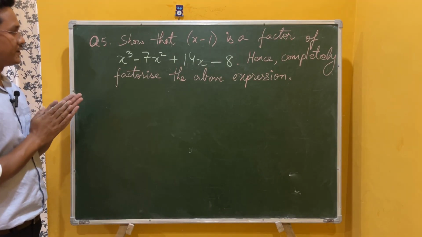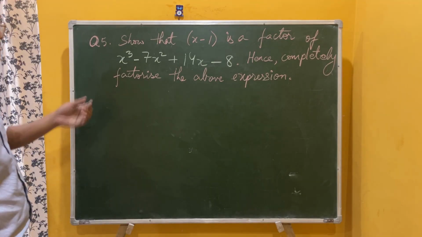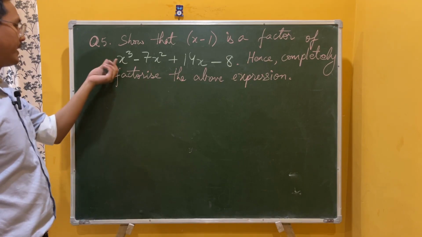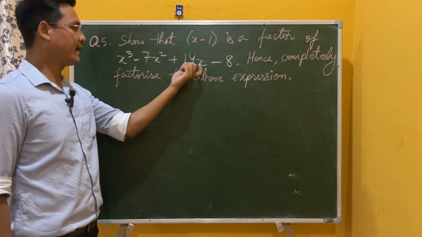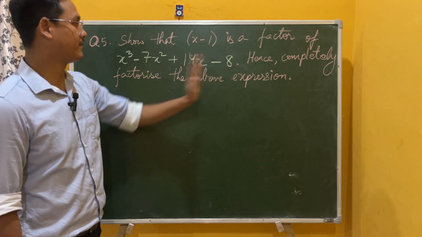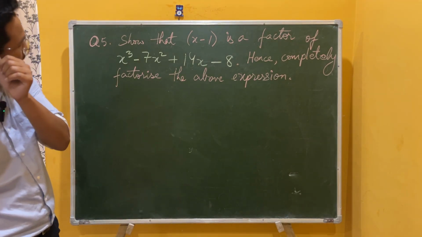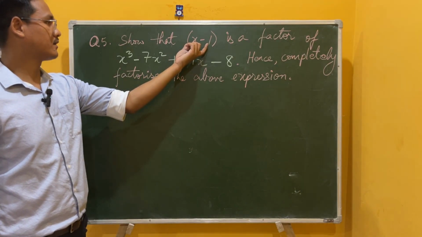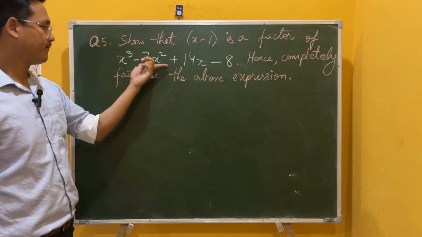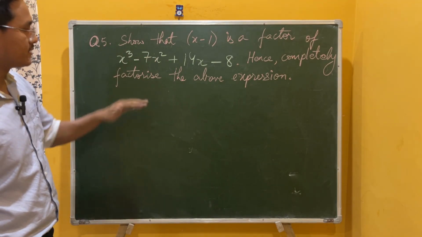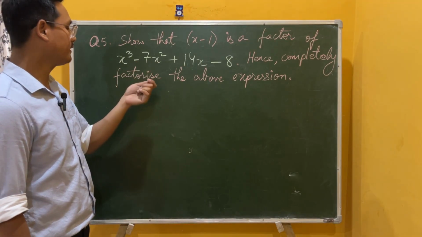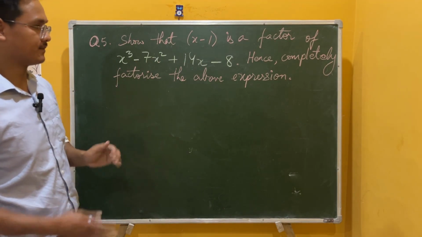So here we have a question that says, show that x minus 1 is a factor of x cubed minus 7x squared plus 14x minus 8. Hence, completely factorize the above expression. First, you'll have to prove that this exactly divides the given polynomial, means there is no remainder, the remainder is 0, and you'll have to further factorize this expression.